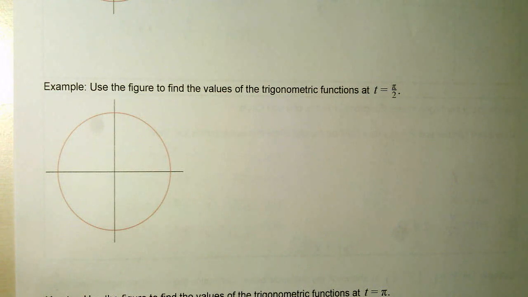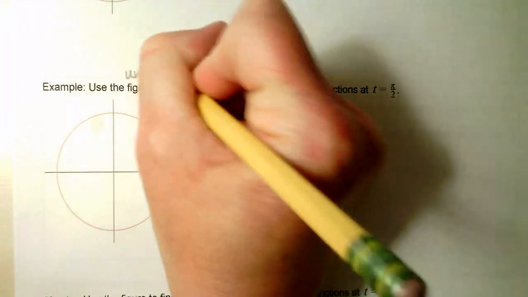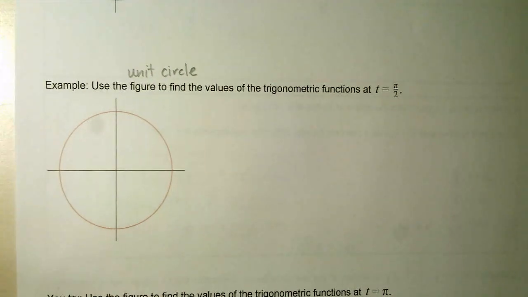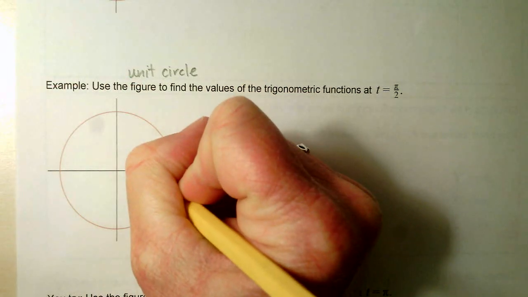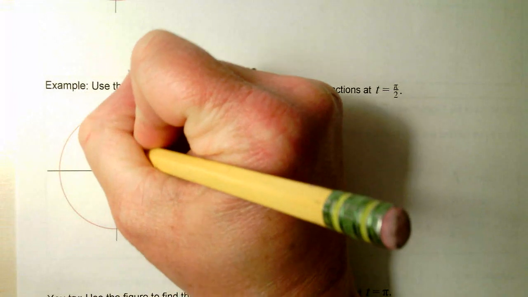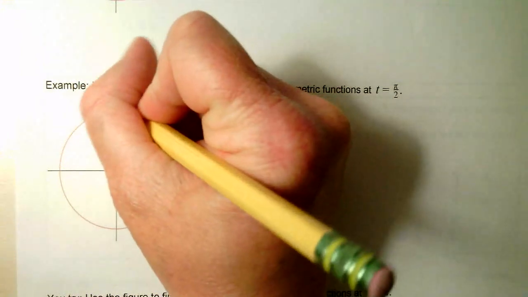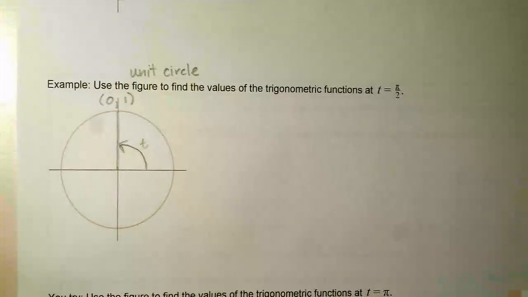So next, we want to find this figure, which I should have said is a unit circle. That's important. We're going to use the unit circle to find the values of the 6 trig functions at t equals pi over 2. The first thing that I always do is draw in pi over 2 in standard form. Hopefully you're recognizing by now that that is a 90-degree angle, and that corresponds to the point 0, 1.